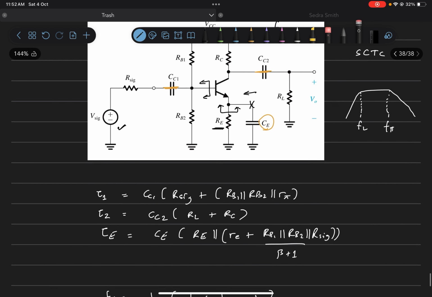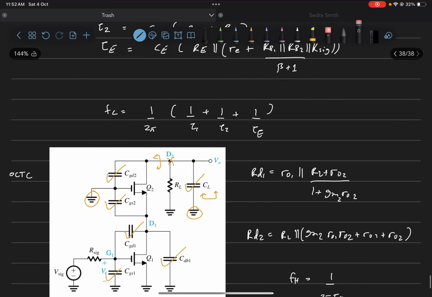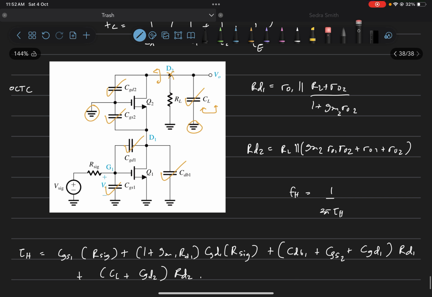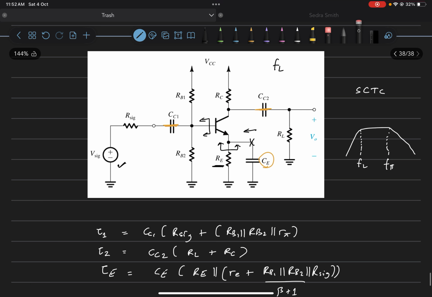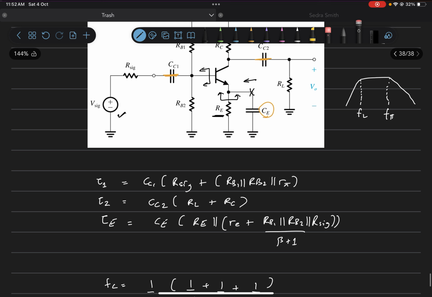I hope this video gave you an idea about the contrasts between OCTC and SCTC, when we use them, what they are for, why we have FH and FL, and how we write FH and FL with ease. The basic thing you need to know is how to calculate the resistance seen between two points, or from one node to ground. That should be very handy.